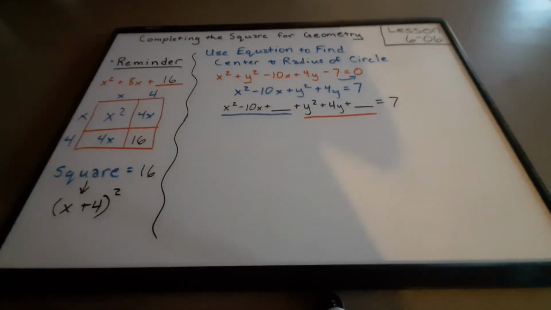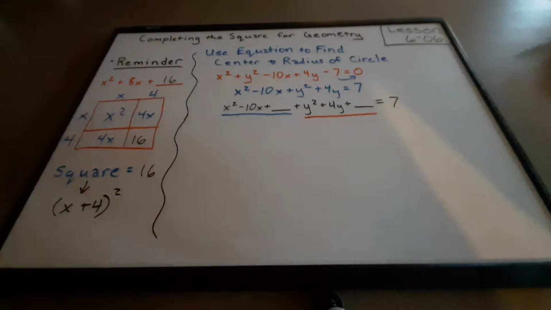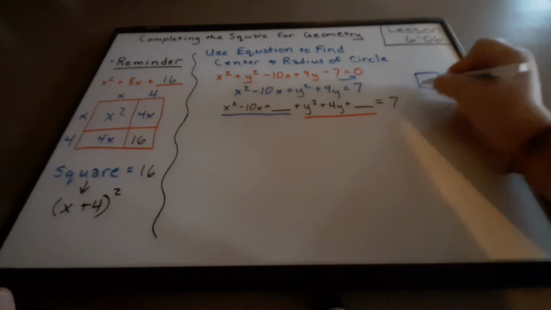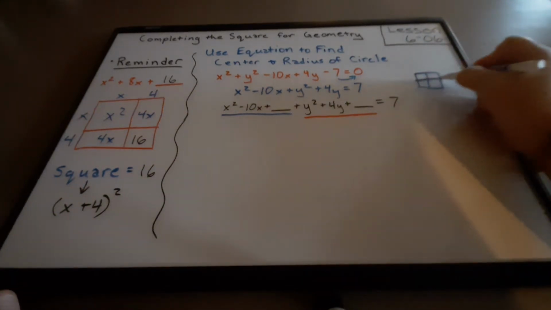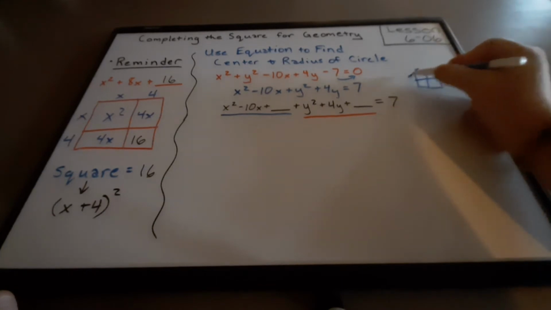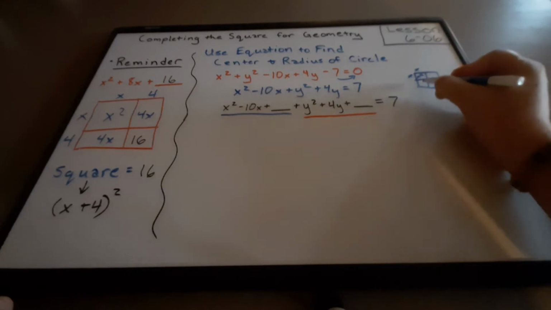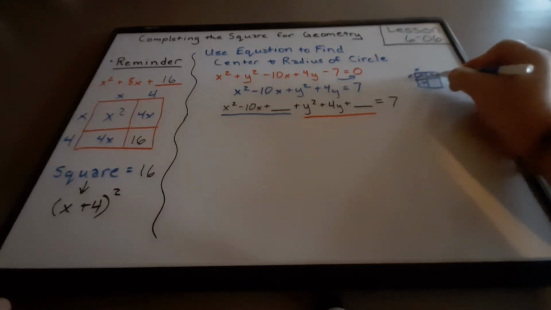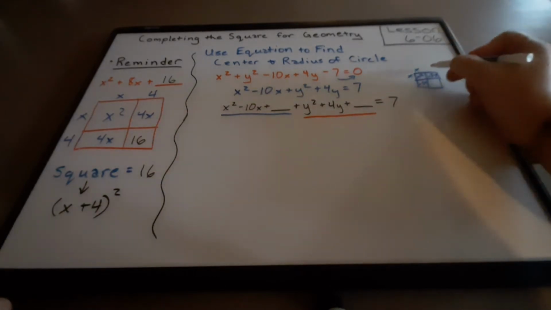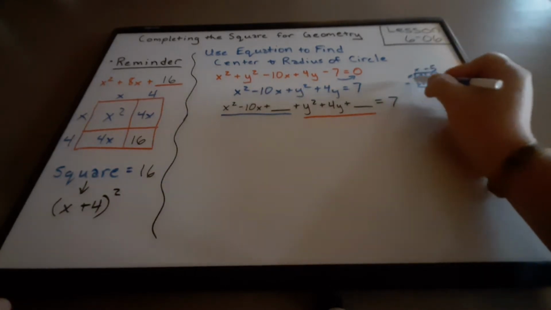So if we do the x's first, x and x is x squared. We have the negative 10x, so we've got to split it in half and get negative 5x in both of these spots. That means that it comes from negative 5 up here.